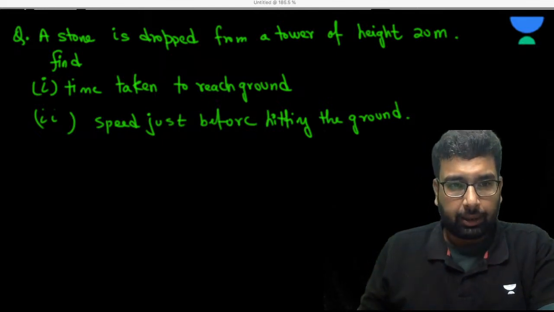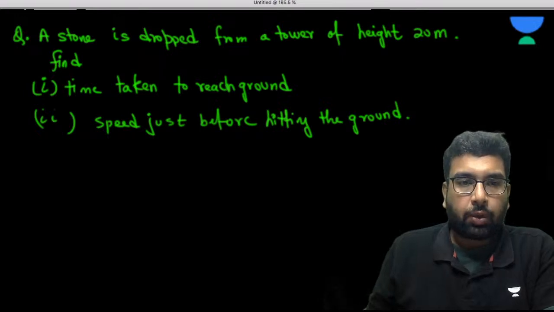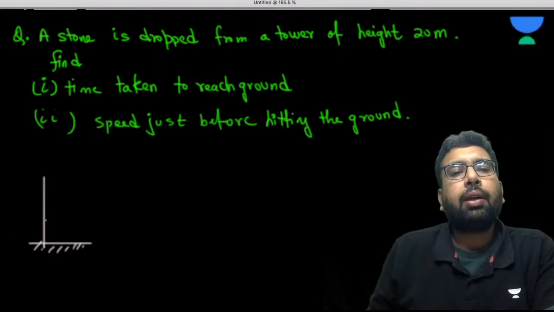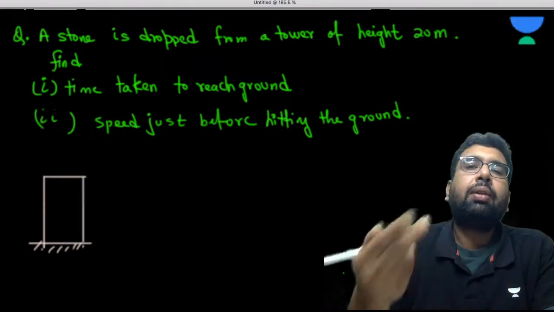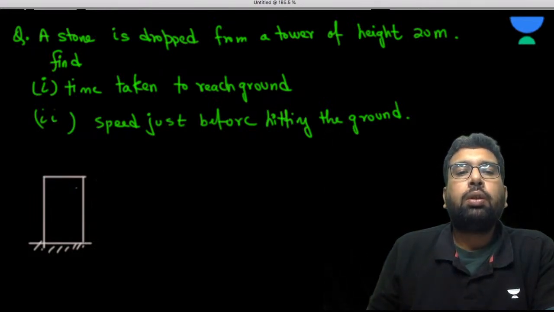Now, a stone is dropped from a tower of height 20 meters. Always draw a rough diagram so that you won't make a mistake. Soon we'll try to increase the speed also. So now see what it says: a stone is dropped from a tower of height 20 meters.